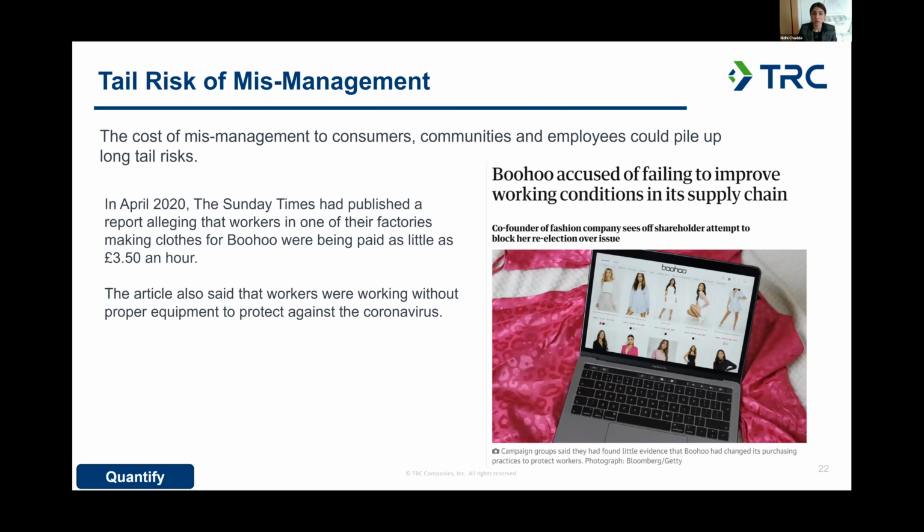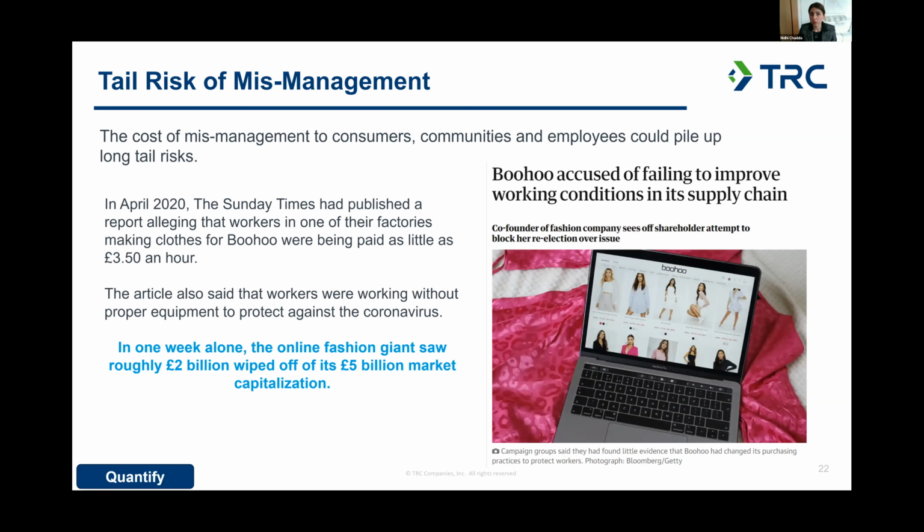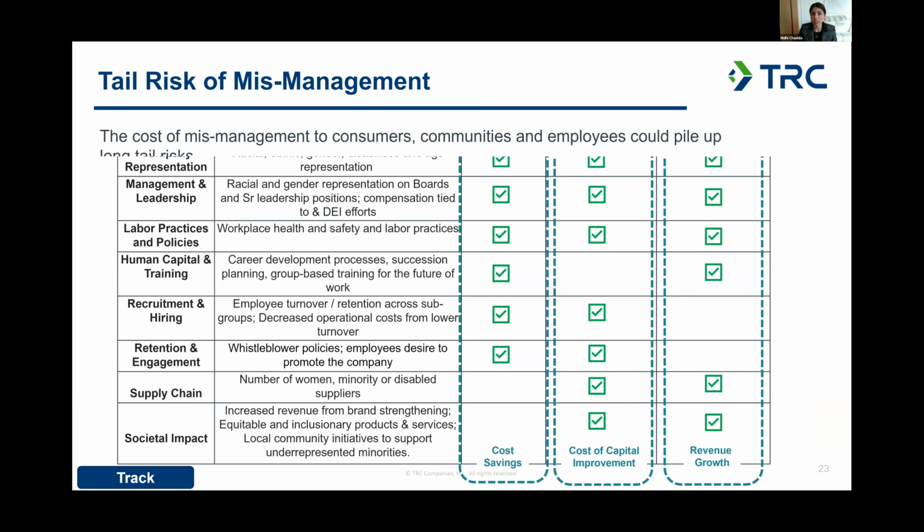This also resulted in more articles coming out and folks recognizing that workers were actually working without proper equipment during COVID. In just 1 week alone, this company lost about $2 billion in market cap, just by way of the supply chain issues, coupled with greater concerns around workplace health and safety. And so we are starting to see the markets react to these types of situations. And it's important to think about, when we are looking at those risk factors, if we can quantify that tail risk and what the implications could be.